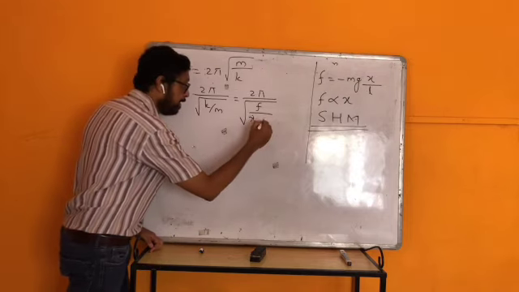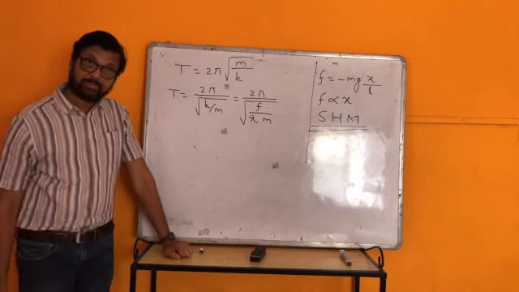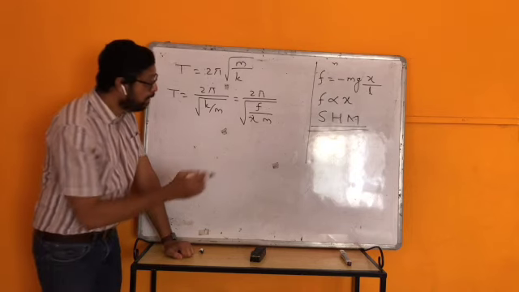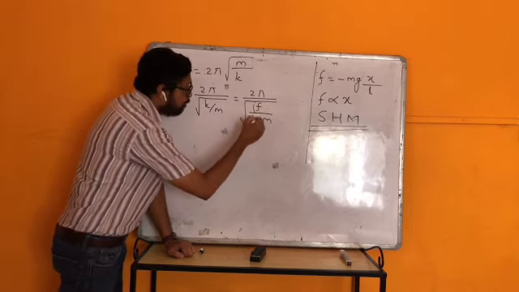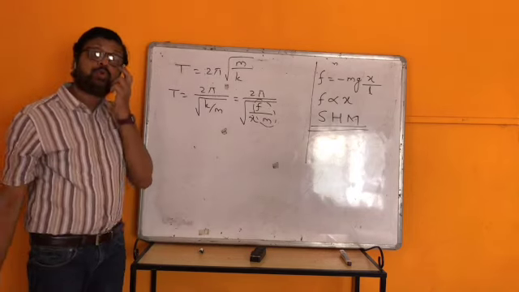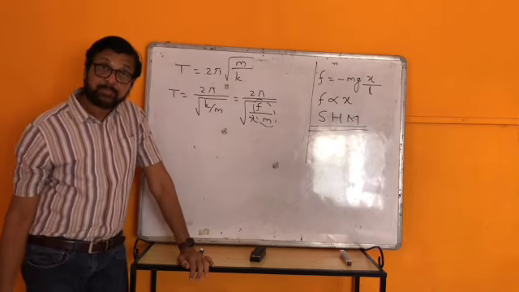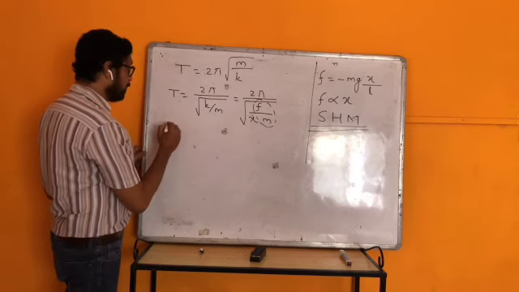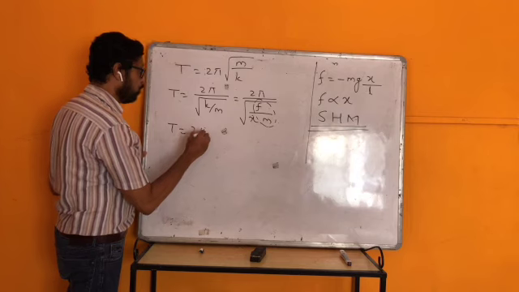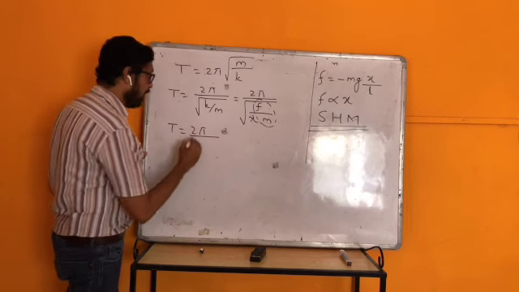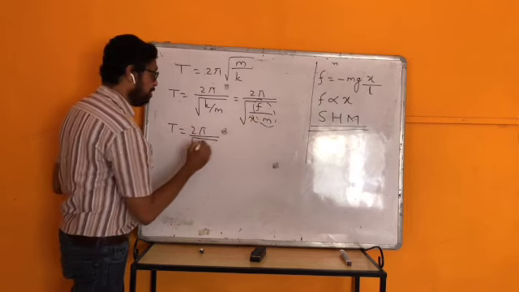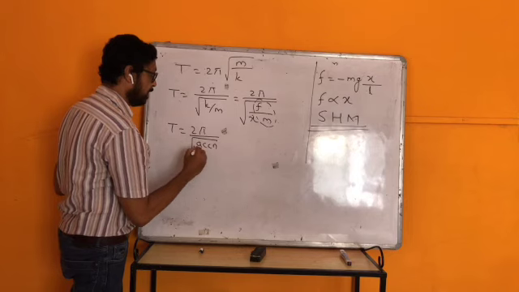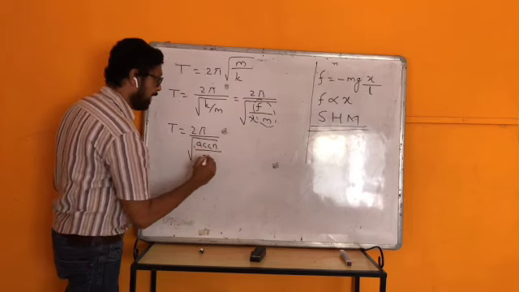And below, what is there? m. Okay? This F by m, force upon mass, what is it? Acceleration. Acceleration is force upon mass. So this T will be equal to 2 pi upon under root F by m, meaning acceleration upon x.